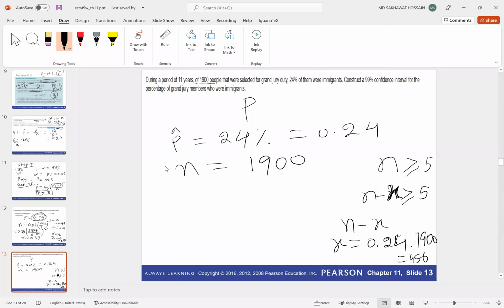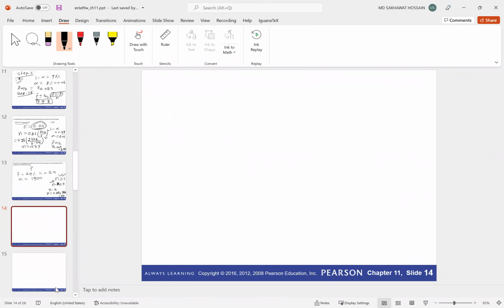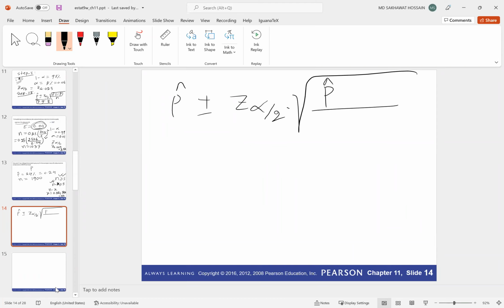That means this is correct and this is also correct, so we can use the interval. We know p hat and we know the formula for calculating the z interval. So let's calculate it. The formula is p hat plus minus z alpha over 2 times the square root of p hat times 1 minus p hat over n.